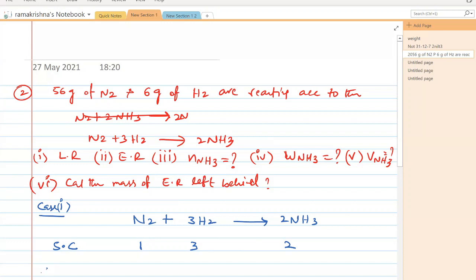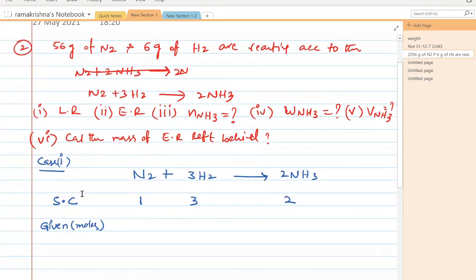We have to take the given data in moles, but we have weight, no? When you know the weight of a substance, how do you find its moles? Weight by molecular weight. So here I take 56 by 28 and 6 by 2. So how many moles will you get? It is 2 moles and 3 moles. So I have got the given data in terms of moles.